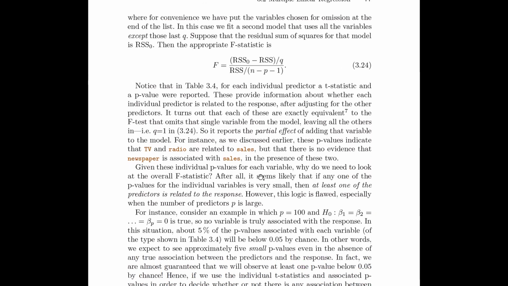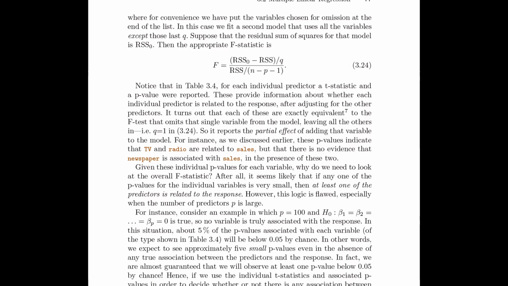In this case, we fit a second model that uses all the variables except those last Q. Suppose that the residual sum of squares for that model is RSS naught. So this is our second model.